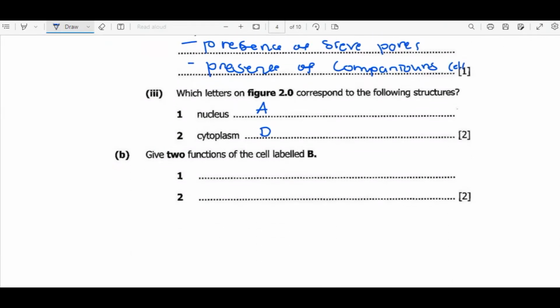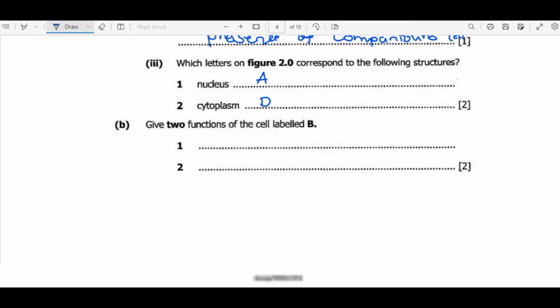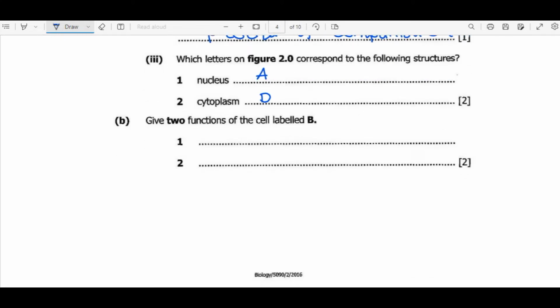Then question B is we just want the function of cell labeled B. So what are the functions that we can give to a companion cell? The first one, we know that the companion cell produces energy required for transportation of food by the phloem vessel.